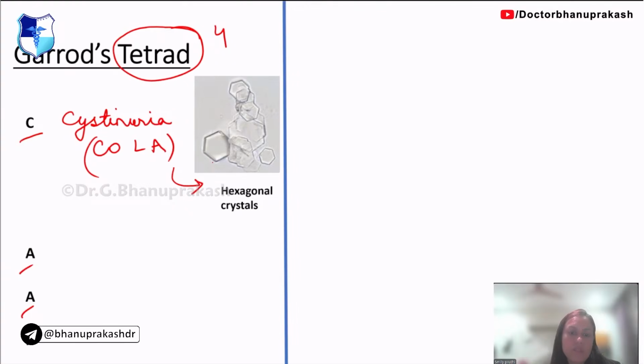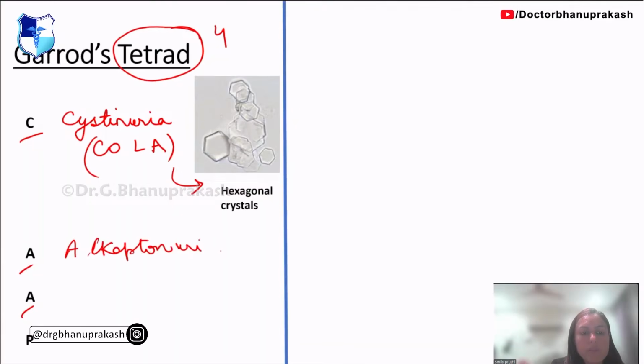Hexagonal crystals are there in the urine. Then A, there are two A. One is alkaptonuria. Other is albinism. P is pentosuria. Okay, these are the 4 diseases of Garrod's tetrad, frequently asked.